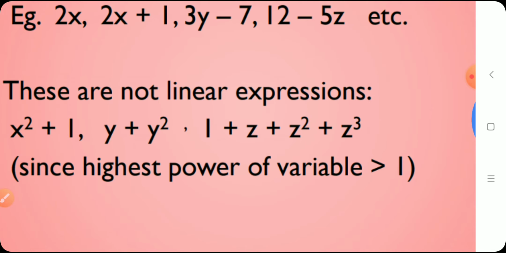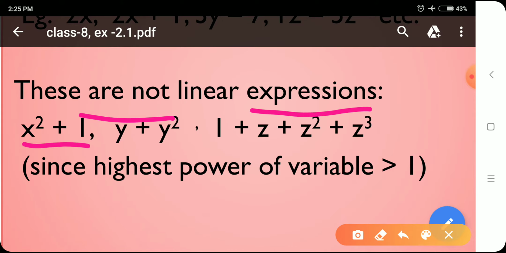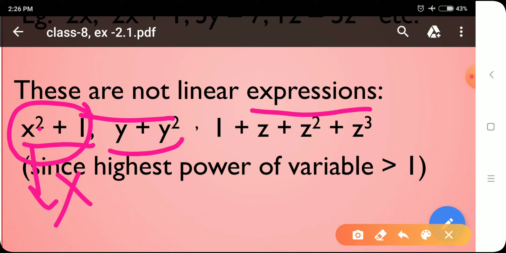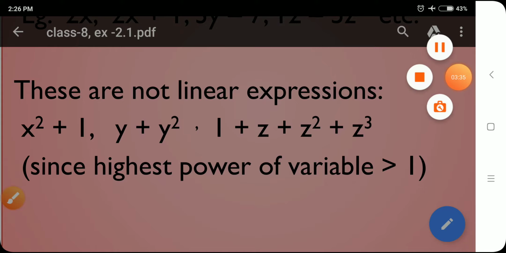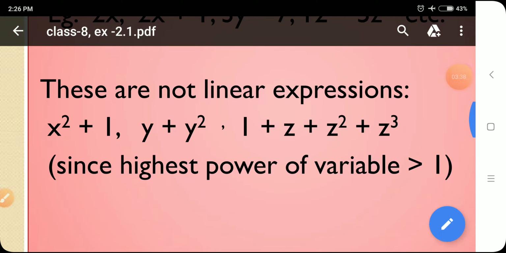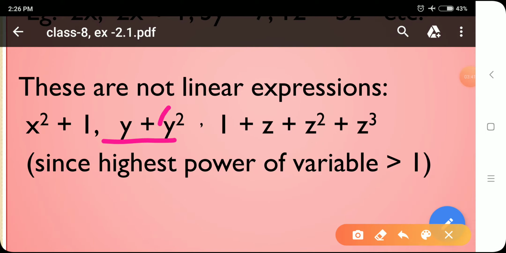These are not linear expressions. Which ones? X square plus 1, because the power of the variable x is 2, but in a linear expression the power of the variable should be 1. In y plus y square, the highest power of the variable is 2, so it is not linear, because the power should be 1.